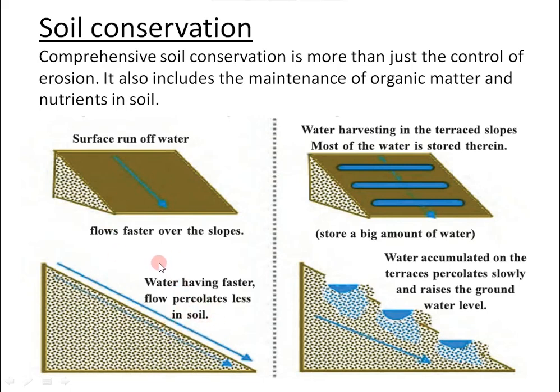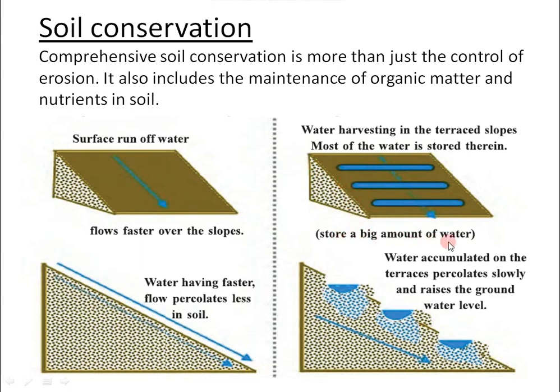But we can have other methods in these sloping areas, like terrace slopes. Water harvesting in the terrace slopes, most of the water is stored there. In this image, same mountain here, but we can make channels like this. In these channels we can store more water, and if the water is stored, the soil will absorb more water.